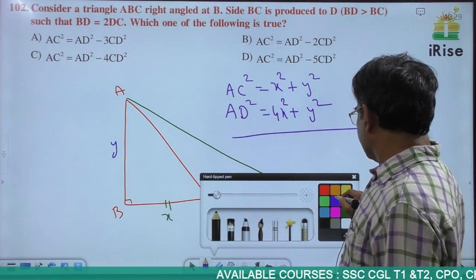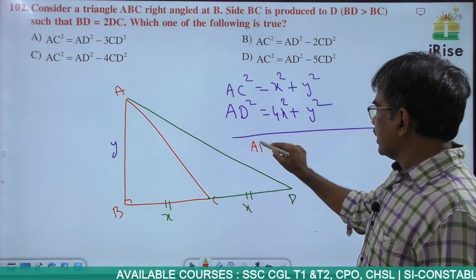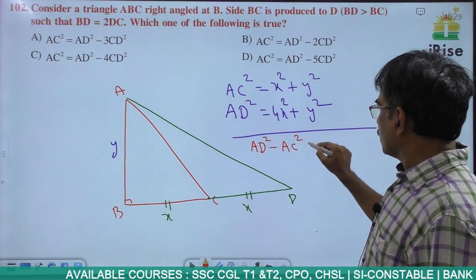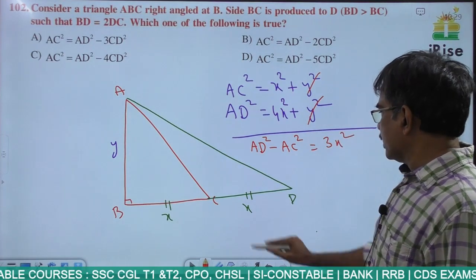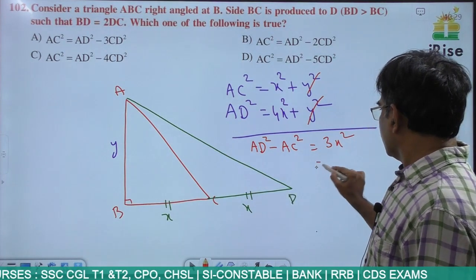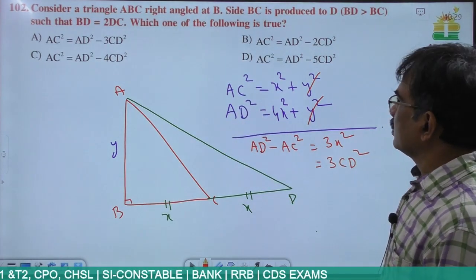Then what we get from these two conditions? Subtract. What is AD square minus AC square? These two get cancelled. We get 3x square. What is x? X is nothing but CD. So 3 CD square. See this relation and check.